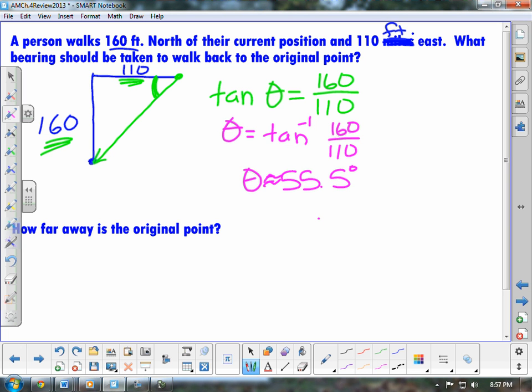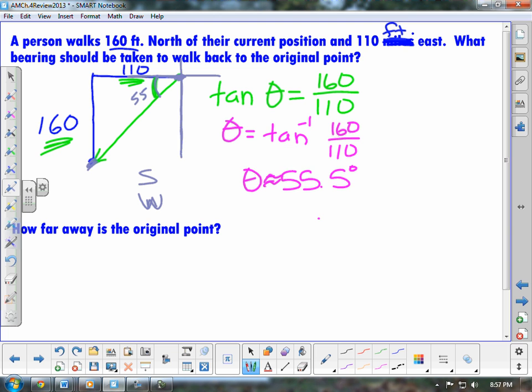Now, you have to do a bearing from here. So this angle is 55. A bearing has to deal with north and south, or west and east. And so we are going to go from here to here. The directions we have to travel are south and west.